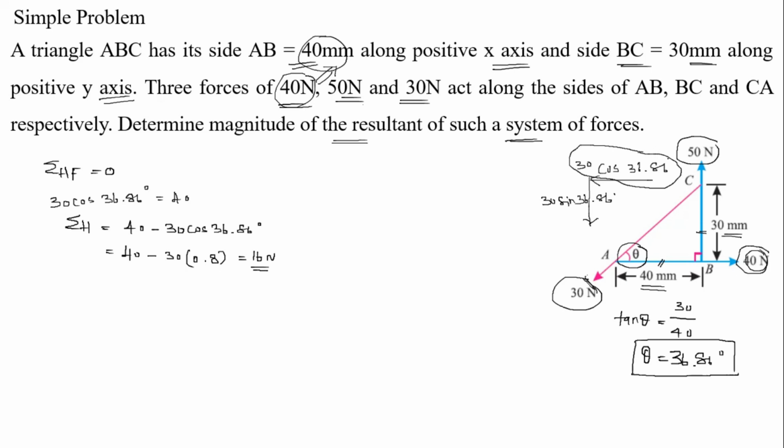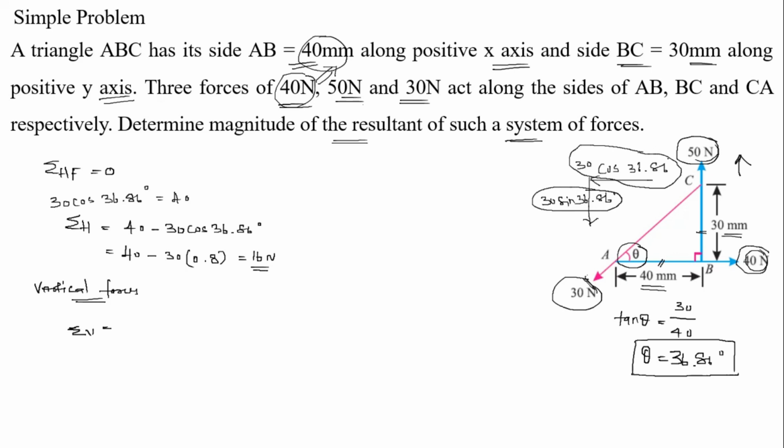So now resolve vertical forces, right? How many vertical forces are there here? 50 Newton is acting upward and 30 sin 36.86 is acting downward, right?